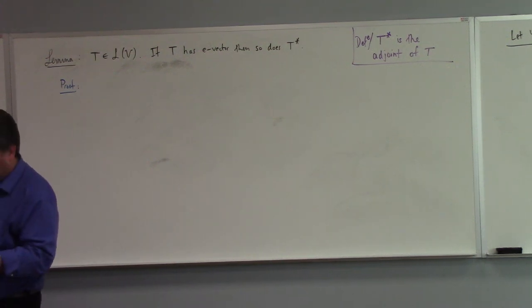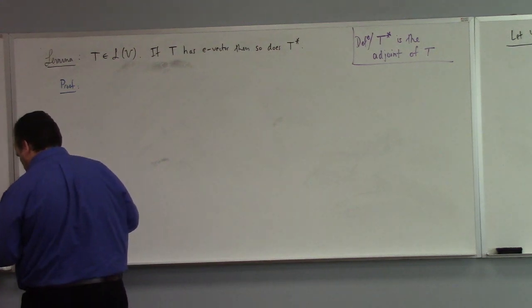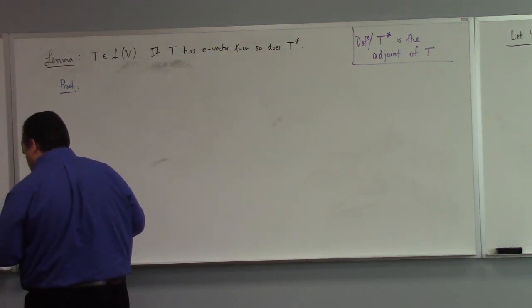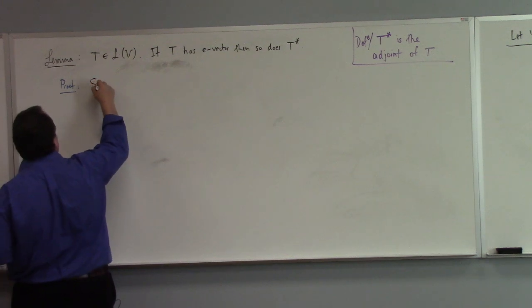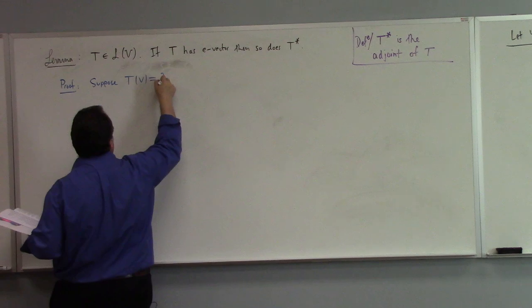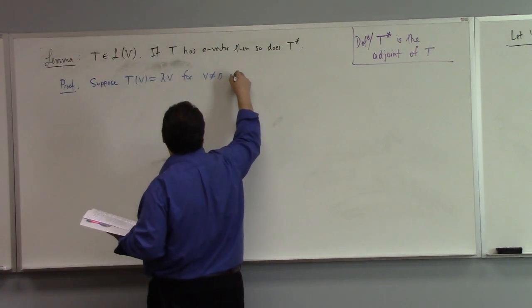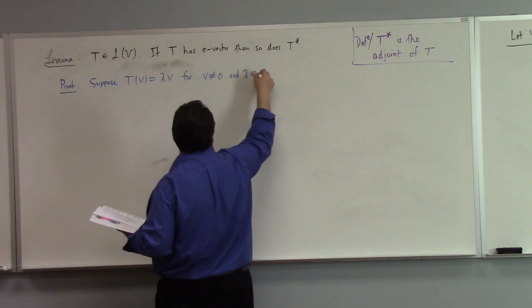Here we go. So we're going to let v be the eigenvector of T. We'll suppose T of v is equal to lambda v, where v is not equal to 0 and lambda is some number in the field, right?